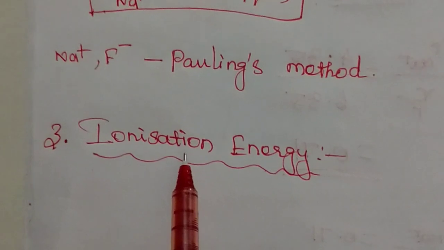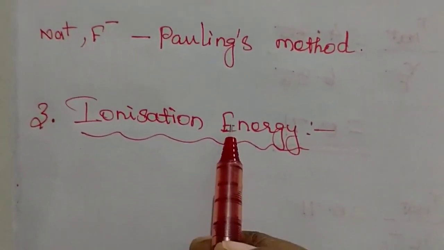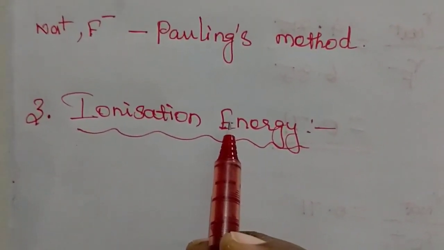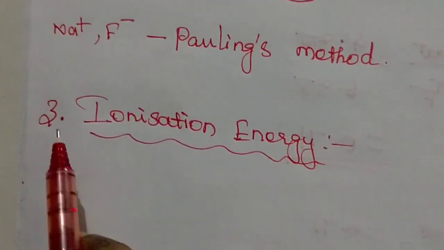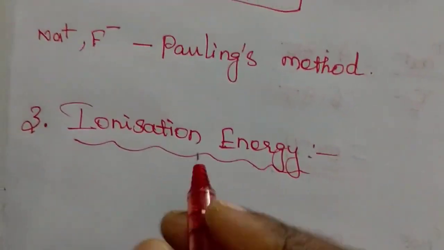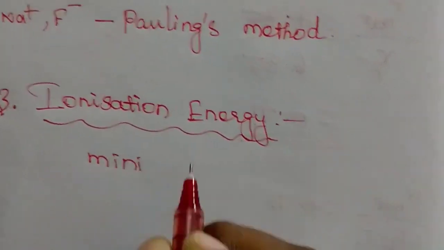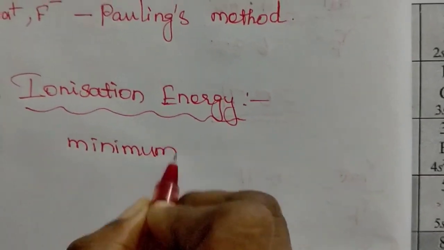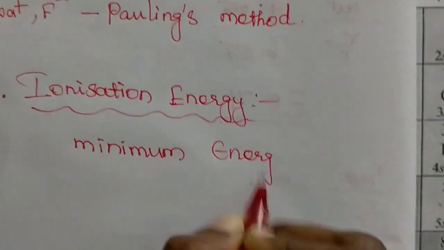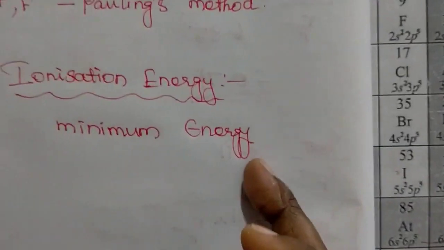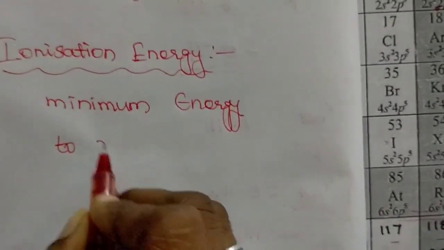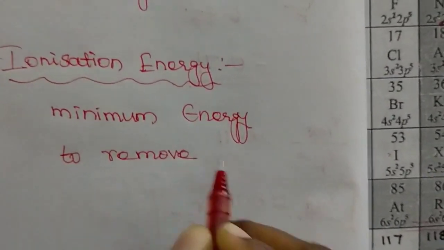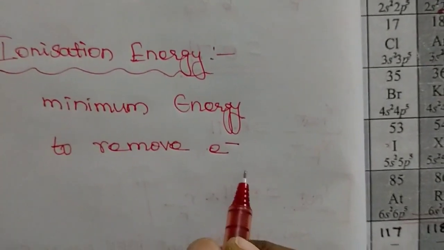Next topic, the third periodic trend in the modern periodic table is ionization energy. Ionization energy is the minimum amount of energy required to remove an electron from the orbital.